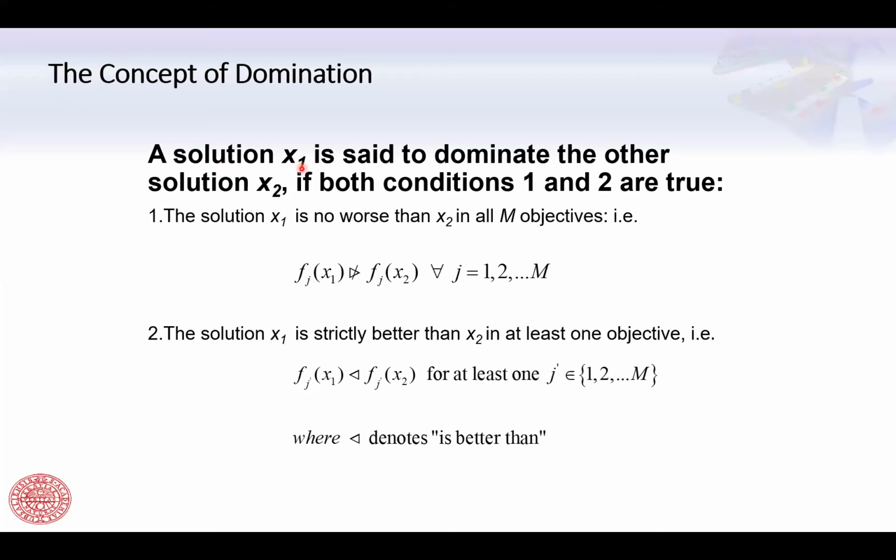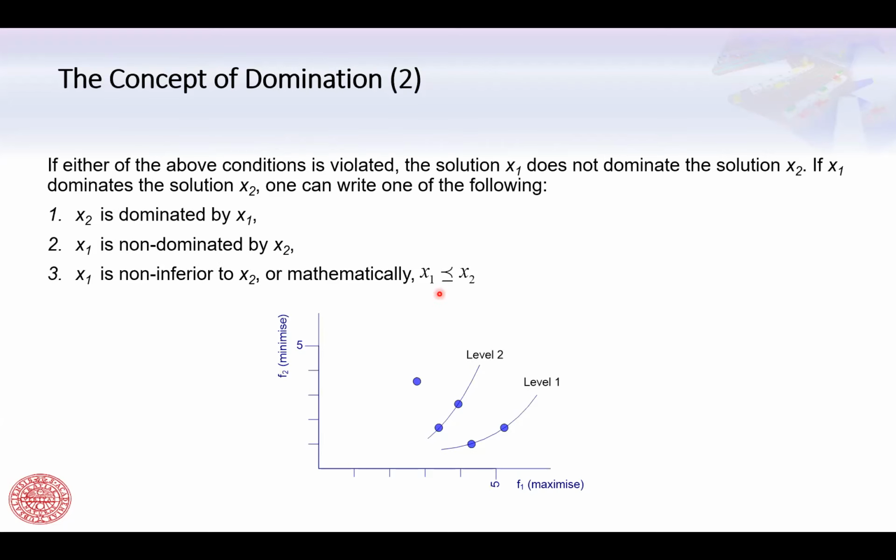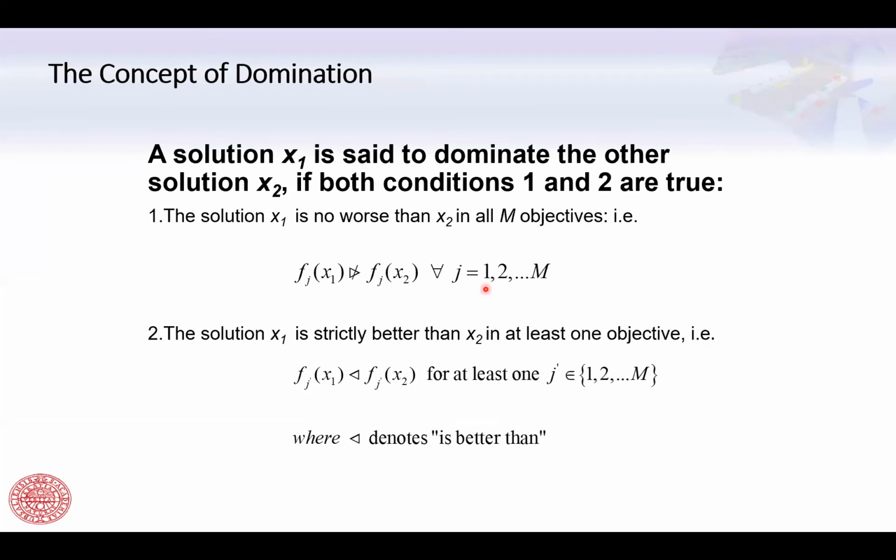We say solution x1 dominates the other solution x2. So in mathematical terms, we can write that x1 is less than x2 in a special sense. I can show this symbol here. So sometimes we write x1 and it seems to be less than, but it's not the same. x1 less than x2 in order to say that it is dominating the other solution.